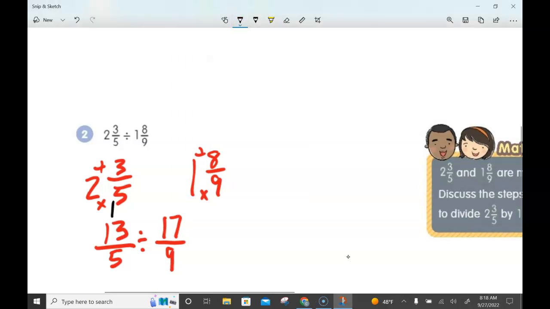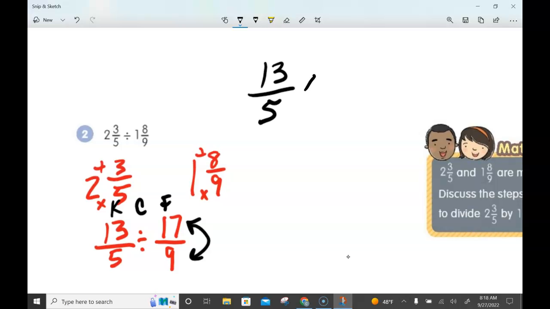So keep, change, flip. Okay, so we're going to take 13 fifths, multiply it by 9 over 17. So now that we have this set up, 13 times 9 is going to give us 117. 5 times 17 is 85.